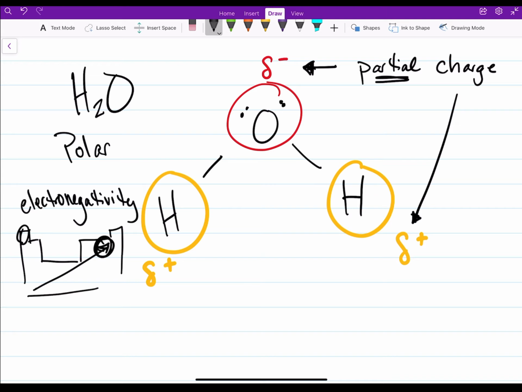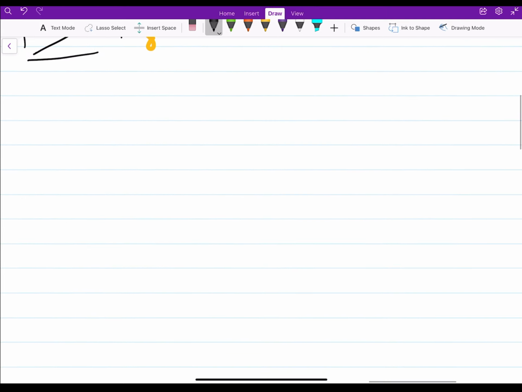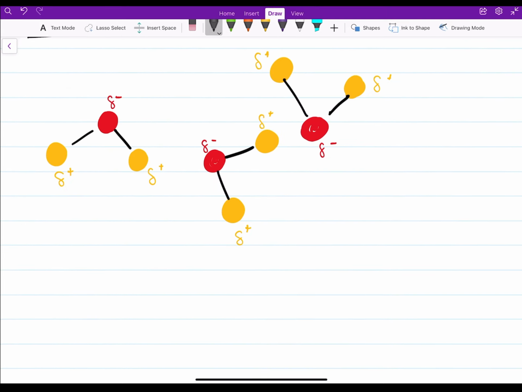But let's say hypothetically we had quite a few waters together. So if we have a lot of waters together, something like this, remembering our O is red and our H is yellow here, then we're going to see some interactions happening. We're not going to have just a single water molecule on its own. Normally we have like a glass of water. We've got a lot of water together.